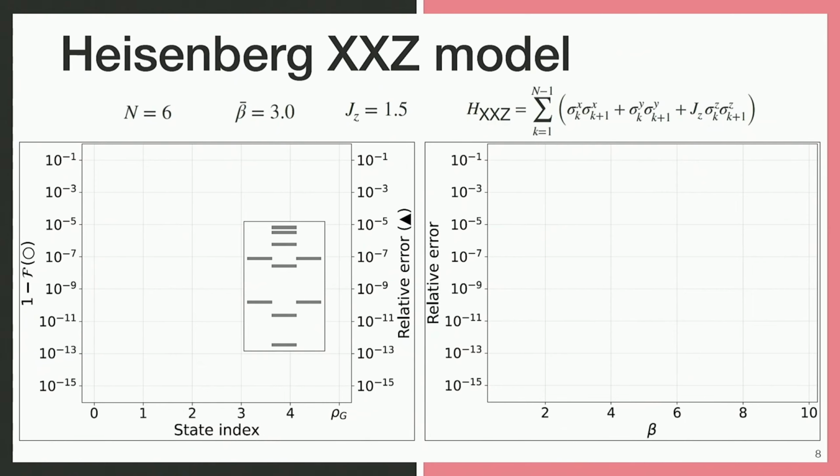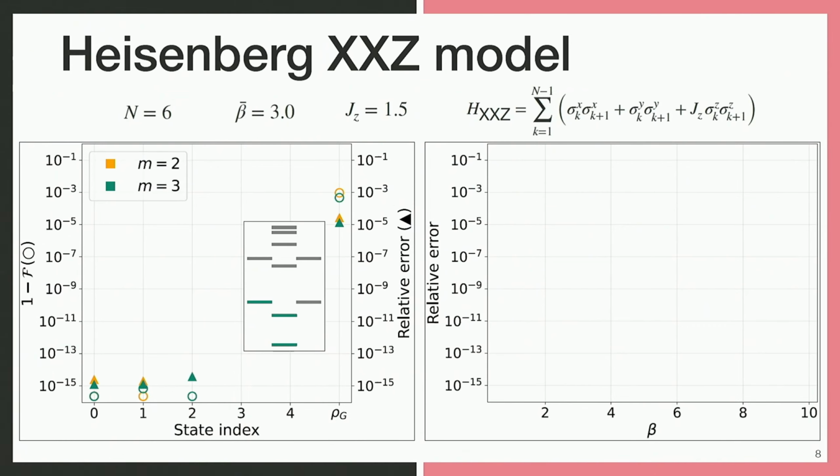And here I've shown a schematic of what the spectrum looks like for this model that we've considered, the Heisenberg XXZ model in the antiferromagnetic phase. We've taken 6 qubits and the inverse temperature is 3. When you've truncated to just keeping 2 states, that's what the results look like. The eigenstates are prepared very accurately, and that's the quality of the Gibbs state preparation, and these are the 2 states that we've kept.